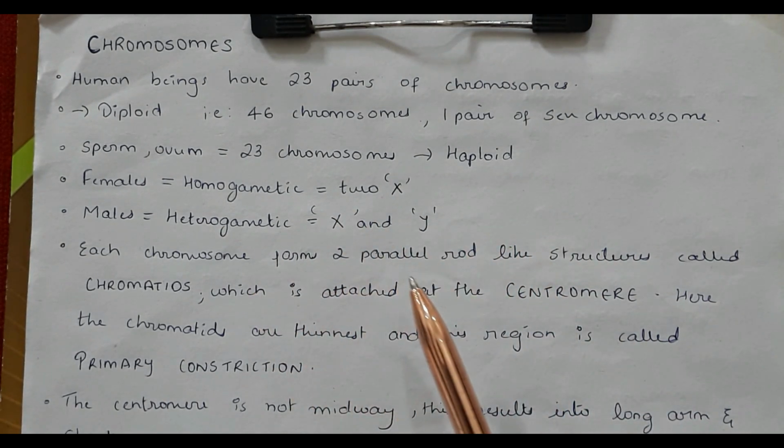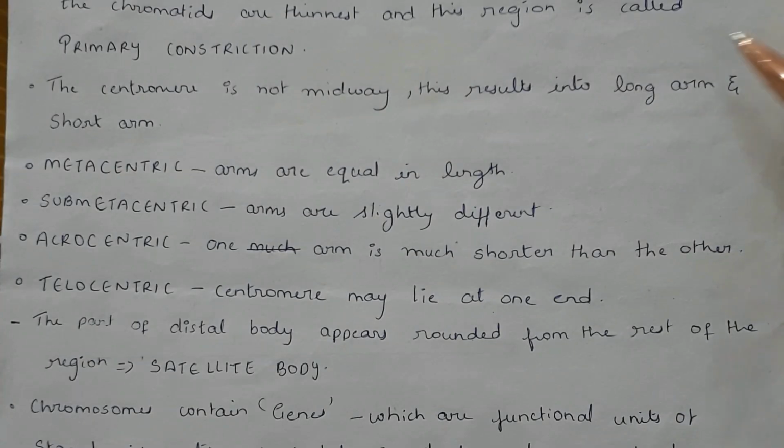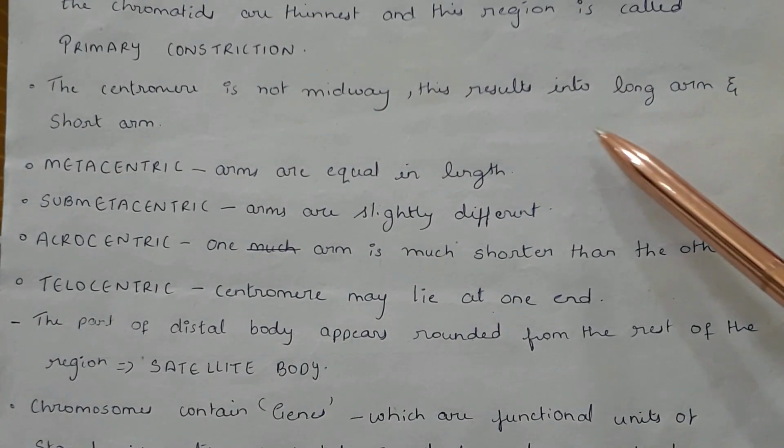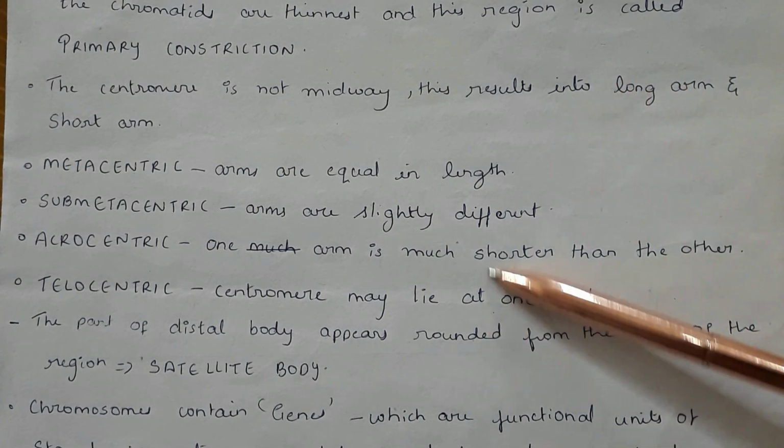Each chromosome forms two parallel rod-like structures called chromatids, which are attached at the centromere. Here, the chromatids are thinnest and this region is called the primary constriction. The centromere is not midway. This results in a long arm and a short arm.